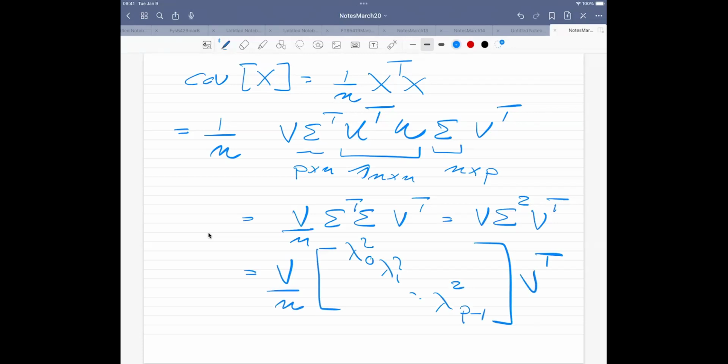Now, these singular values are always organized either as an ascending or descending series. So lambda 0 can be larger than lambda 1, larger than lambda 2, and down to the smallest one, lambda p minus 1, which is larger than 0. Yeah? They can also be equal. They can be equal.